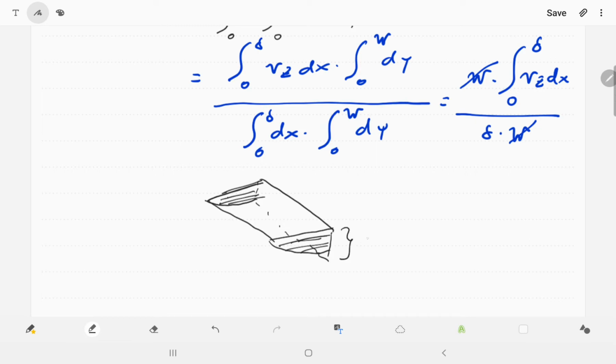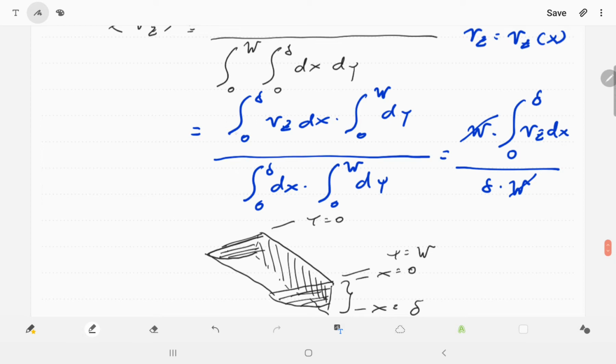Okay, this side in here is basically your x equal 0 up to x equal your film thickness, and then from here this will be your y equals 0 up to y equal w. So we are basically integrating over this area of your flow. So as you can see in here, you integrate from 0 to the film thickness, and then also from 0 to w.